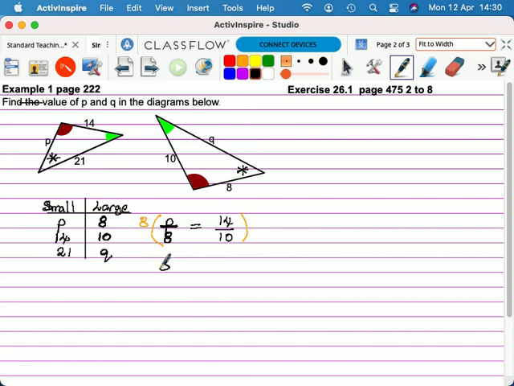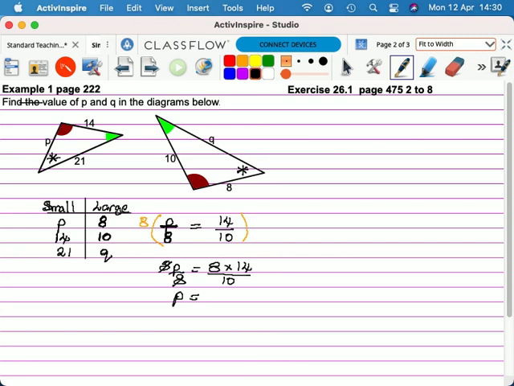So you end up with 8P over 8 is equal to 8 times 14 over 10. The 8's cancel, so P is now equal to 8 lots of 14 over 10. And for speed in an examination situation, what you're going to do now is you're going to tap it all into a calculator.